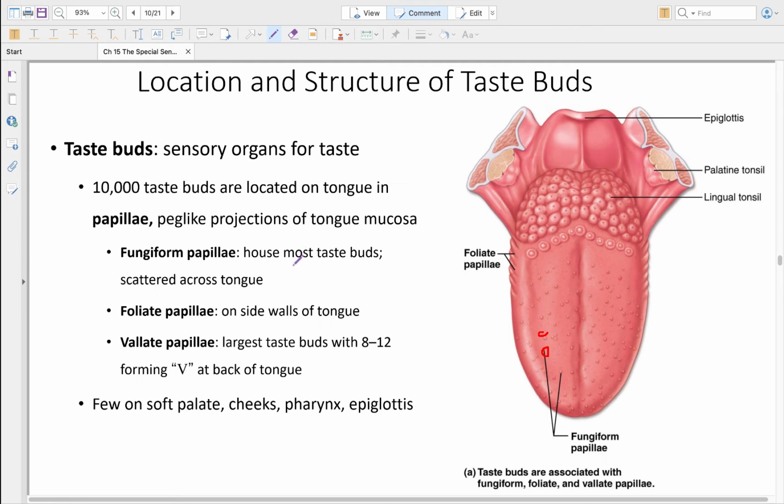The fungiform papilla is scattered across the tongue, but it houses the most taste buds. Now the sides, see these little lines, these walls? The foliate papilla are always along the sides of your tongue.